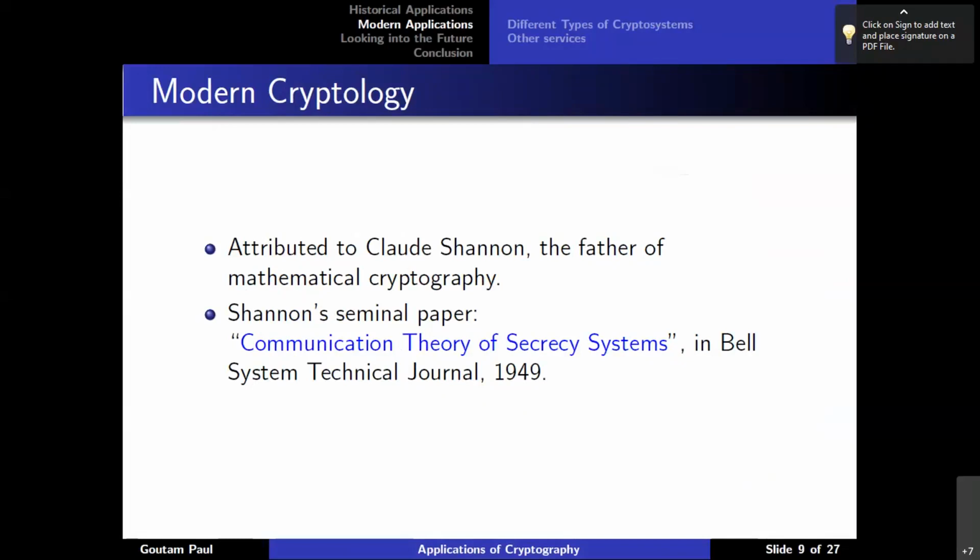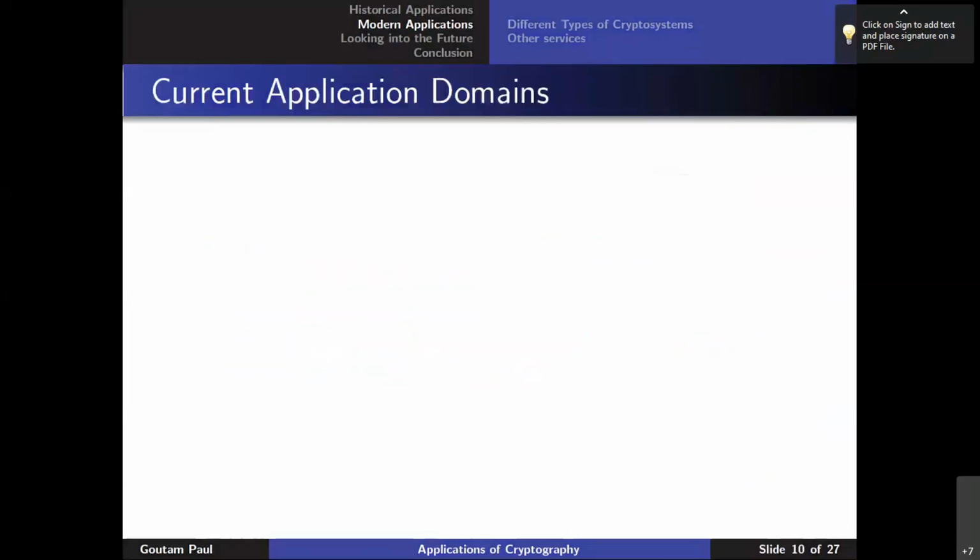It appeared in Shannon's seminal paper in 1949, when he was working as an engineer, in the Bell System Technical Journal. The paper is called Communication Theory of Secrecy Systems. You can find a PDF version of it for free on the internet. It's a pretty interesting paper to read.